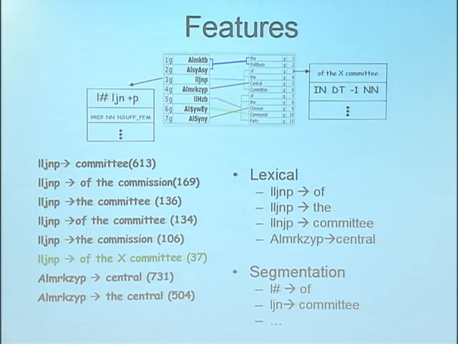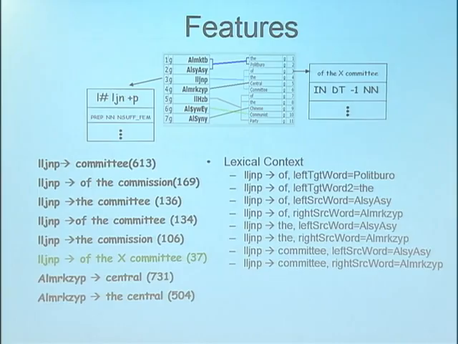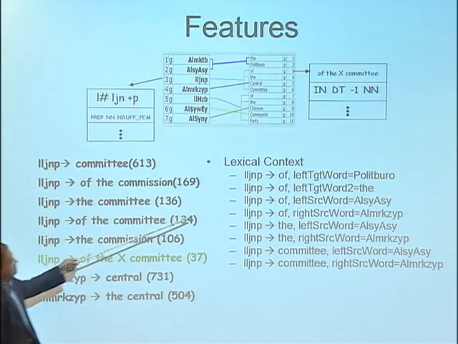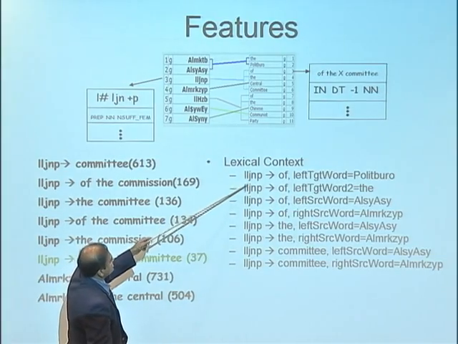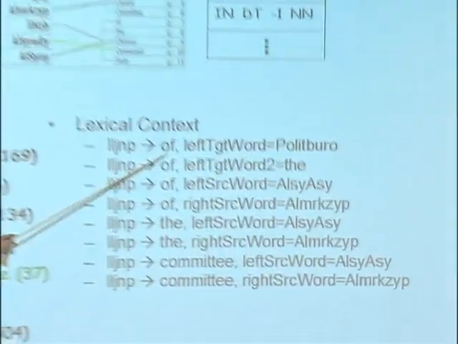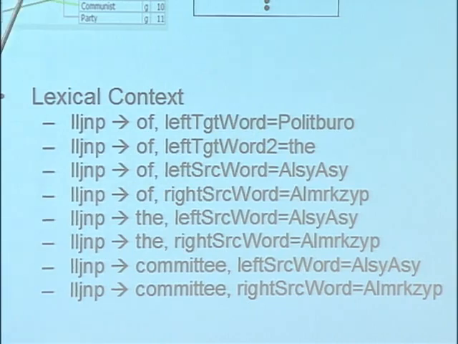Of course, you have millions of these. Right, right. I think I have a breakdown at the end of the number in each feature category. So you can ask lexical questions about the context. LLJNP is producing "of" when the left target word is Politburo in this sentence, right? And a lot of them, right?